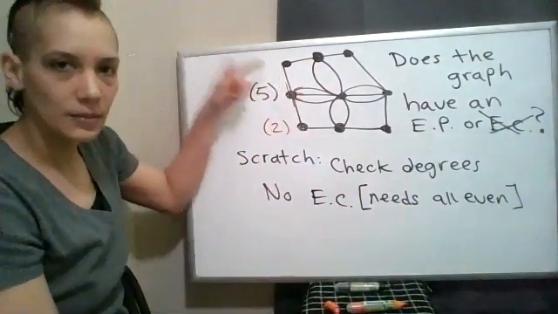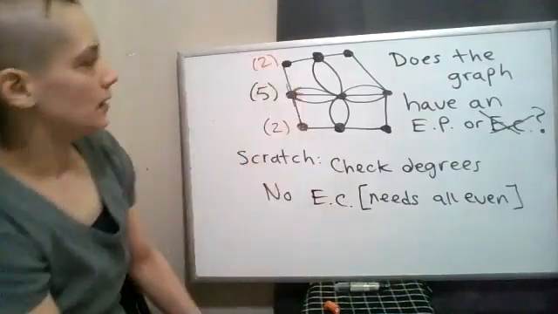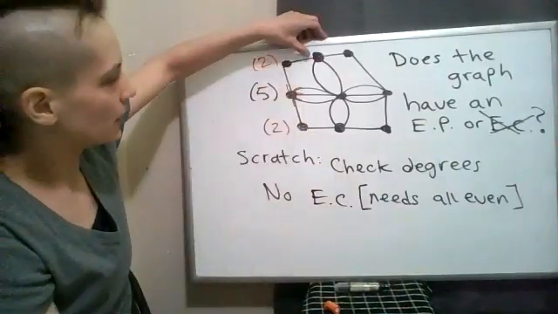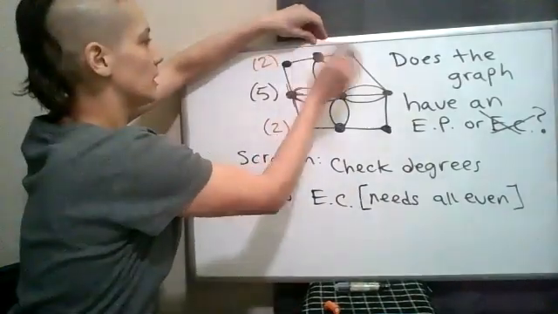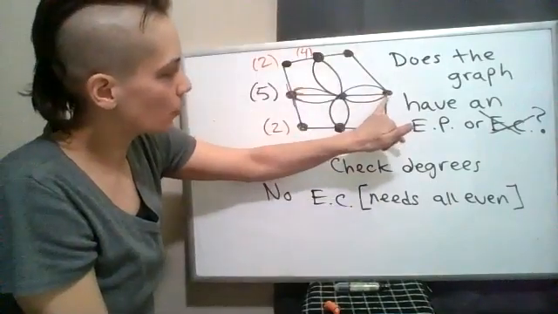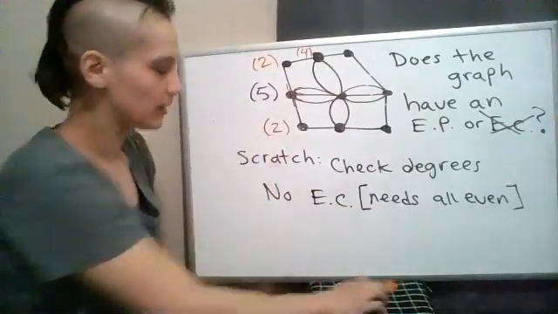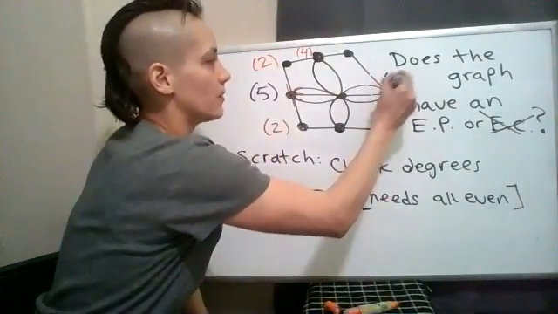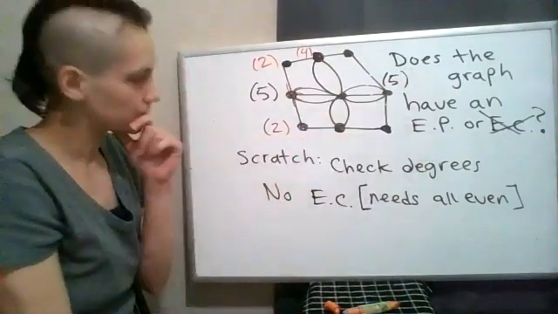Okay, let's keep going. Degree 2. That's okay. This is another one, I think. 1, 2, 3, 4. So that's all right. Let's go to the side. Is this another 5? 1, 2, 3, 4, 5. Okay, so I've got 2 odd. If I find one more, then I've got to cross this one out too.